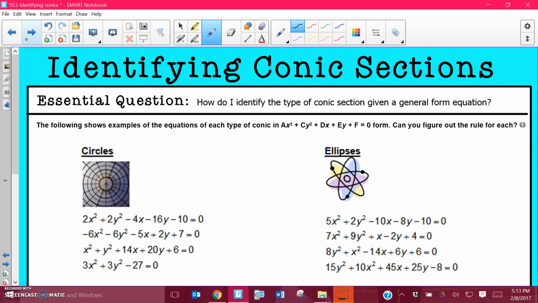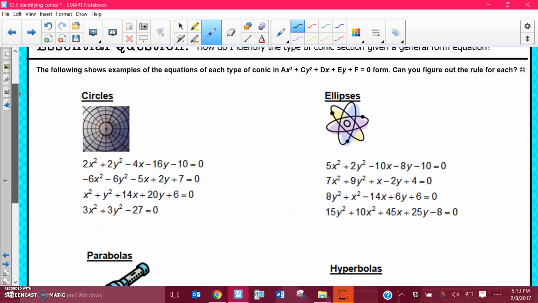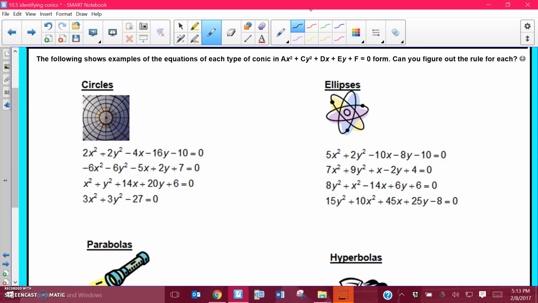Okay, so what we're trying to figure out is, if I was given a general form of a conic equation, how would I know what type of conic section it is? You don't have to write this down. What we're looking at are examples of equations of circles. If I look at all of these equations, the one thing that stands out to me the most is, first of all, they all have an x squared and a y squared.